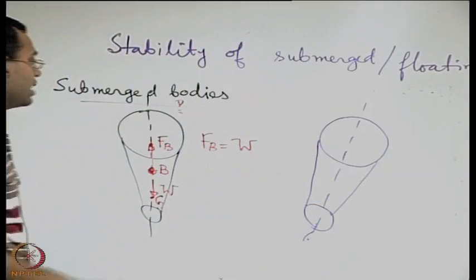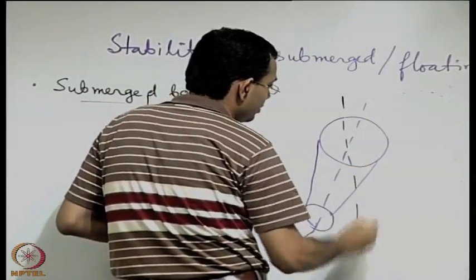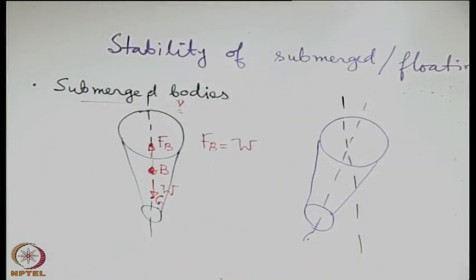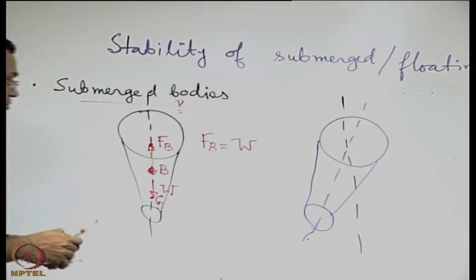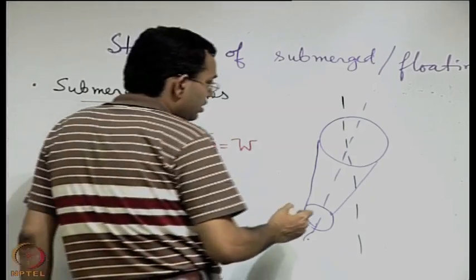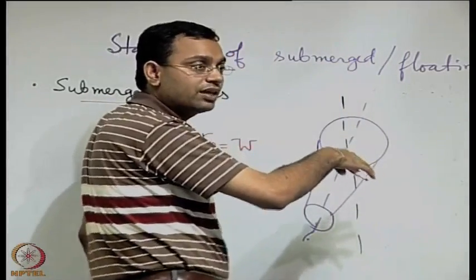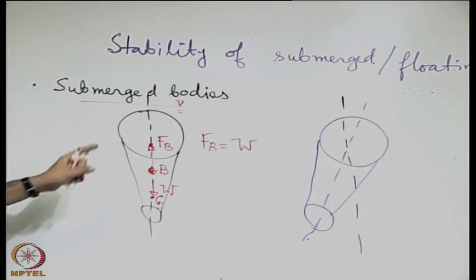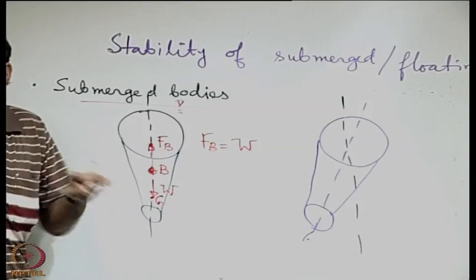Its axis has got tilted from the original vertical one, maybe because of some disturbance. Now the entire body is within the fluid, therefore the location of the center of buoyancy and center of gravity relative to the body does not change.